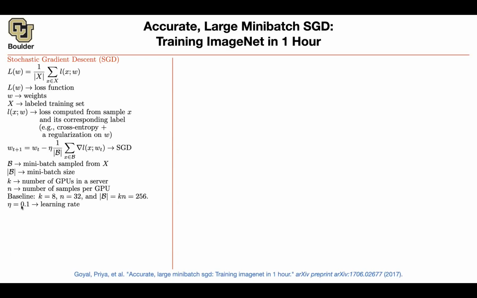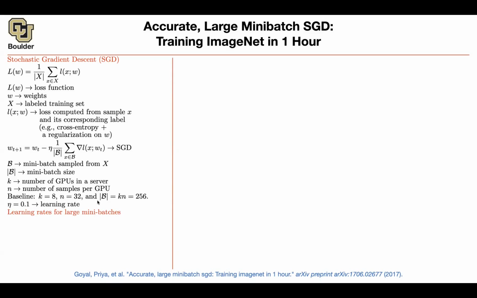The question is, what's going to happen to your learning rate if you have twice more servers or 5 times more servers? What should be your learning rate? So that's the question we want to answer. And the bigger your learning rate, the faster you're going to learn. And then you're going to learn in perhaps less than 1 hour. So that's the idea. You want to determine your learning rates for large mini batches.